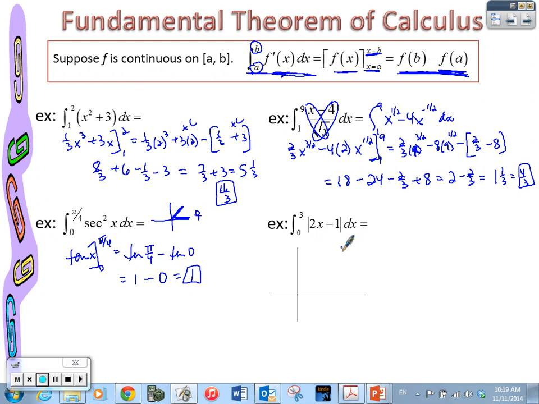But for this one, it just is quicker. It would be quicker to do it with geometry, this particular one. So to do this with geometry, just to remember, we would find the vertex, and the vertex is going to be at 1/2.